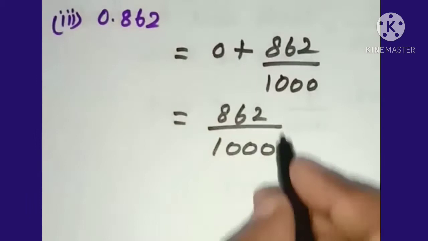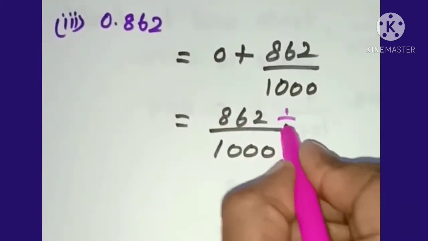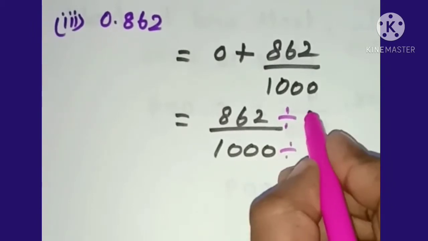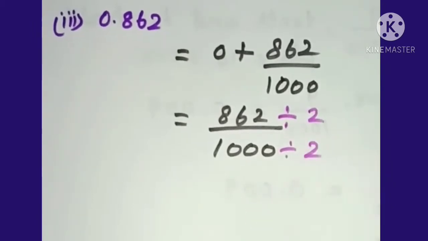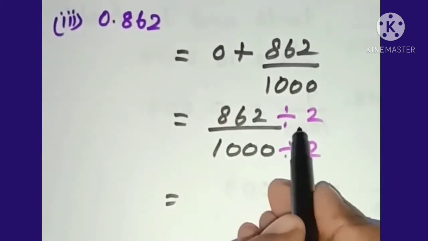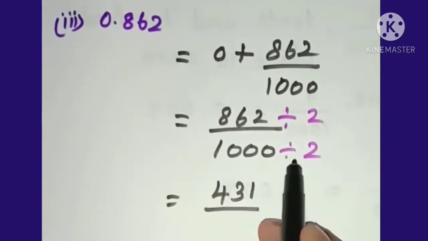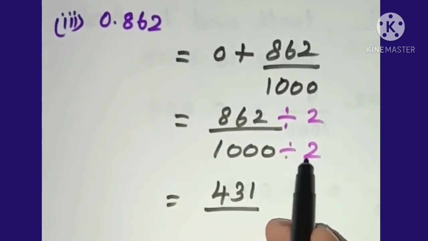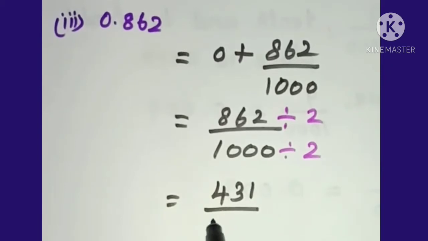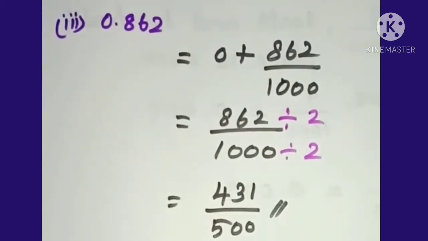Now when we divide numerator and denominator by 2, we get 862 divided by 2 is 431, and when we divide 1000 by 2, we get 500. So that is the simplest fraction of the given decimal number 0.862.